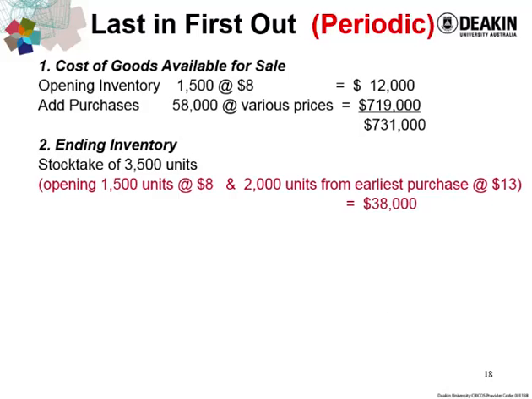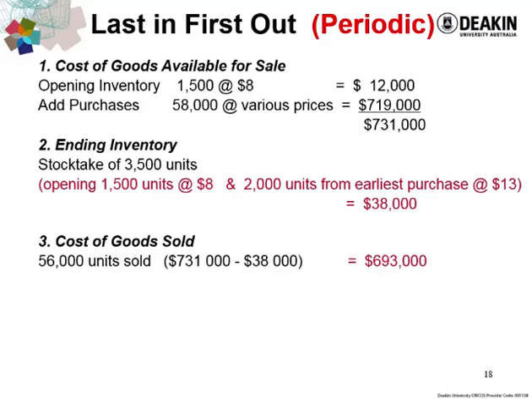And we use the earliest purchase price to calculate closing inventory because under LIFO, we assume that the latest purchase inventory are already sold out, leaving the earliest purchase inventory in the warehouse. And third, we calculate cost of goods sold. So COGAS minus closing inventory, that will give you 693K, which is the same as the total figure under the cost of goods sold column that we calculated just now when we used the perpetual method.